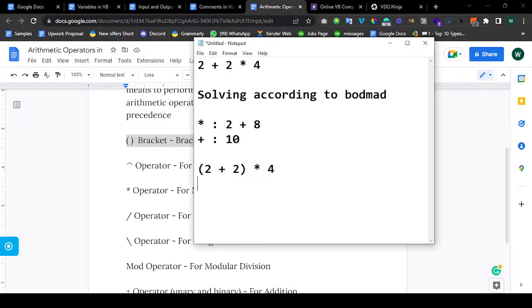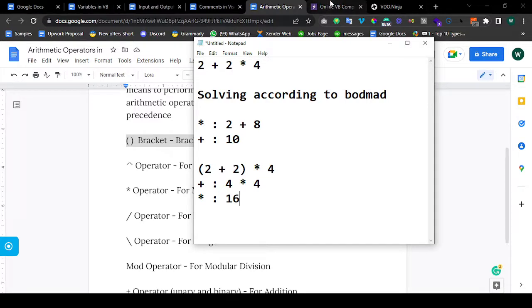Inside the bracket we have the addition sign. 2 plus 2 is what? 4. So 4 multiplied by this 4 over here, that's 4 times 4, which is 16 basically. So you can see that the bracket is giving some sort of precedence to this plus.